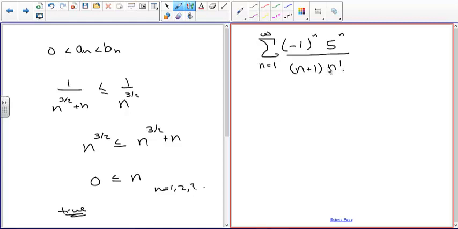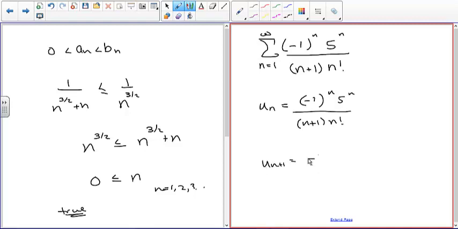Again, we had that handout that we worked through with 3 different examples, so you can go back and look at that as well. But let's talk about the concept. You've got the original, we'll call it u sub n, which is negative 1 to the n power times 5 to the n power over n plus 1 times n factorial, and then you create this u sub n plus 1.